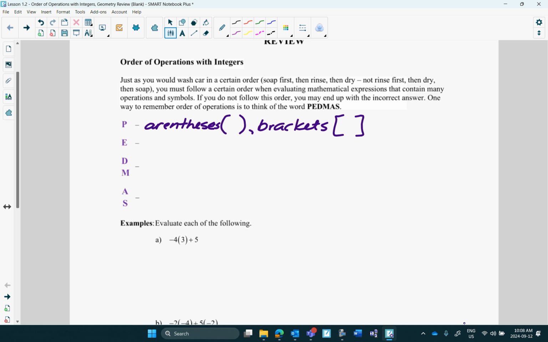What do you think the E stands for? Exponents. Division and multiplication. Right. So the division and multiplication we do together.